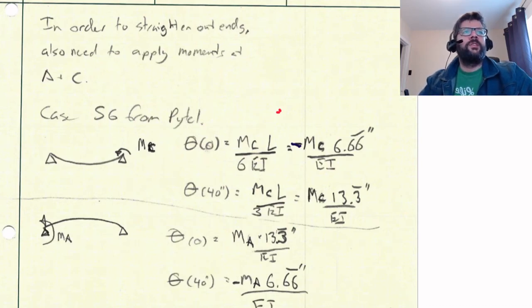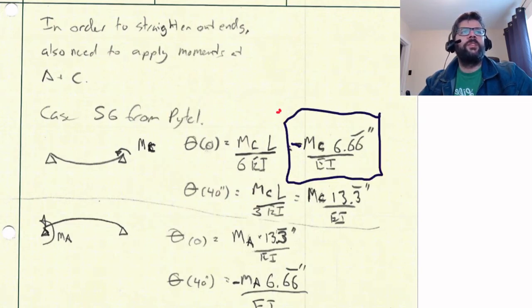that causes an angle here of the moment times L divided by 6EI. So plugging in our values of L, the 40 inches divided by 6, and again having this be negative, MC times 6.66 repeating inches over EI.